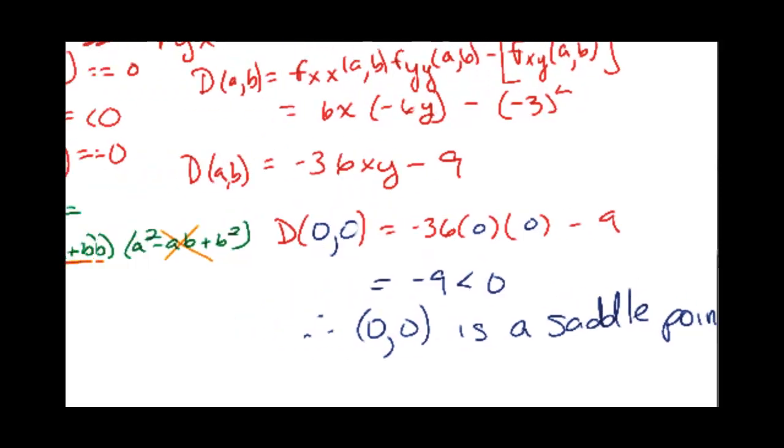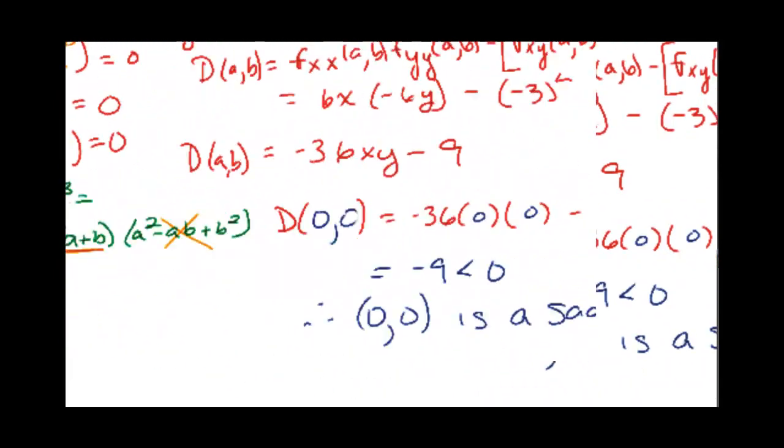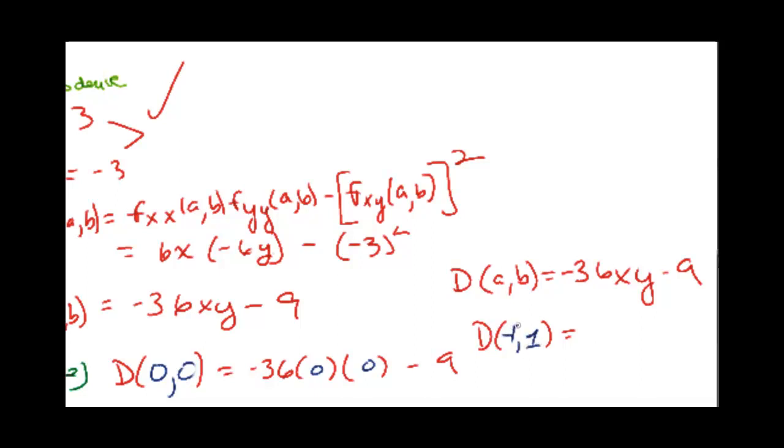Okay. Then if you did D of -1, 1. Yeah, just rewrite that. -1, 1.